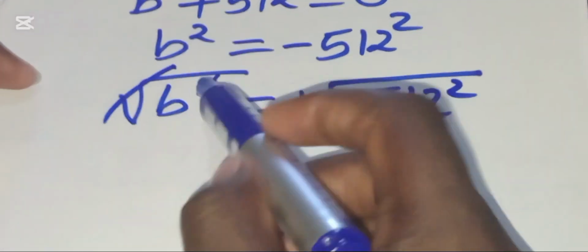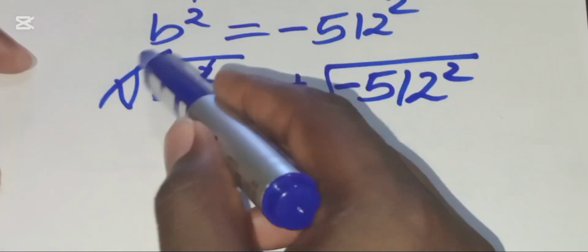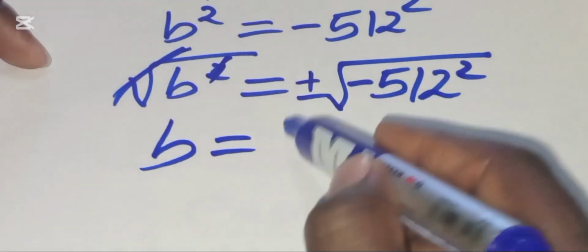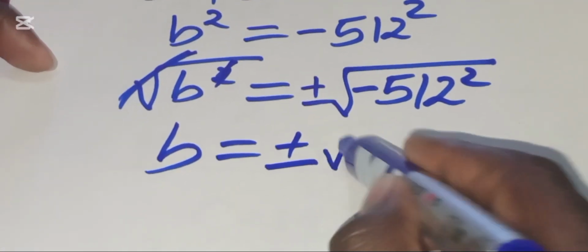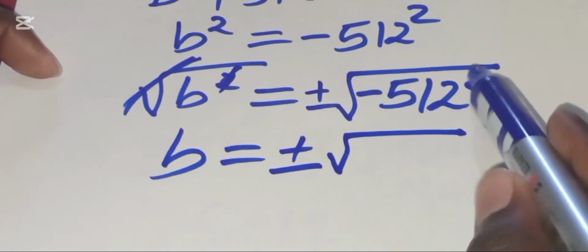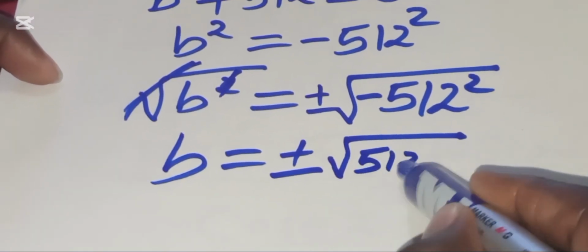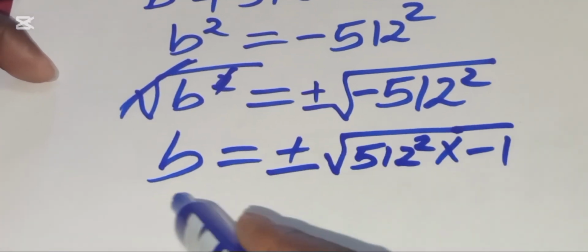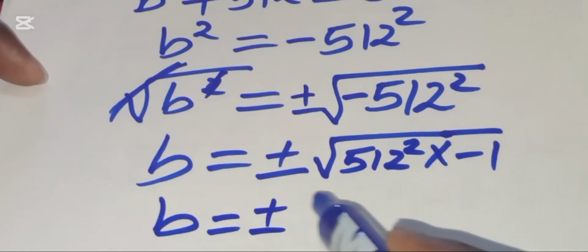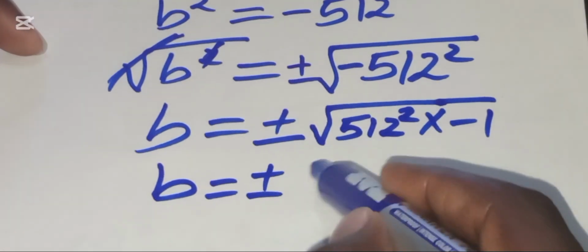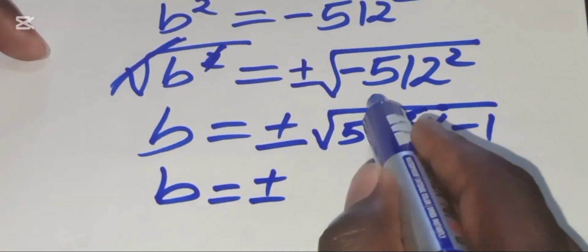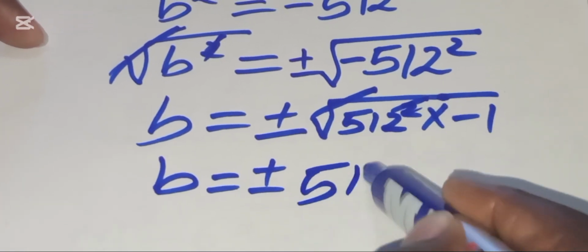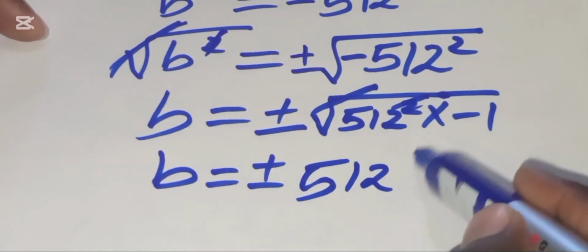All right, now from what we have here, we have the square root of b squared. We just eliminate these two, and the square root sign simplifies. So we'll have b equal to plus or minus the square root of negative 512 squared, which can be expressed as 512 squared times negative 1. We simplify, the square root sign and the square simplify, and we'll have 512 and the square root of negative 1, which is i.